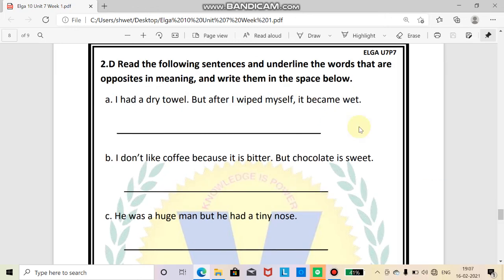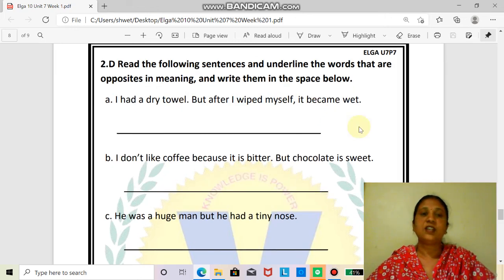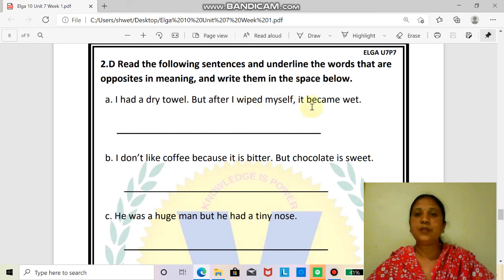Yes, students, in this sentence, which are the opposite words? Once again, I repeat the sentence. I had a dry towel, but after I wiped myself, it became wet. So in this sentence, there are two opposite words. Which are those two words?